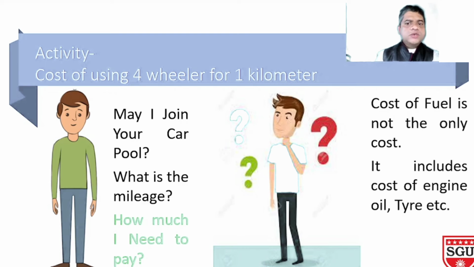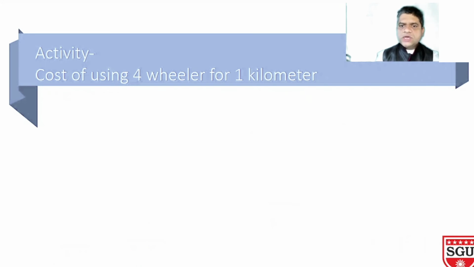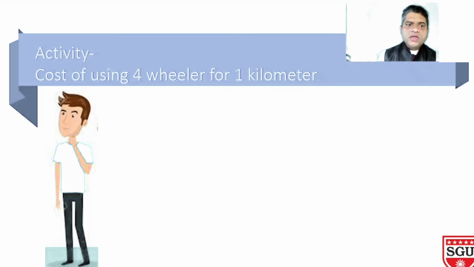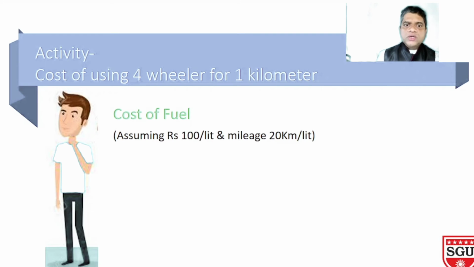Now he is going to explain. Look, if you want to join, these are the cost elements, and definitely it is what is expected from you once you undergo this course. So now he is explaining what costs are involved. The first element is the cost of the fuel.